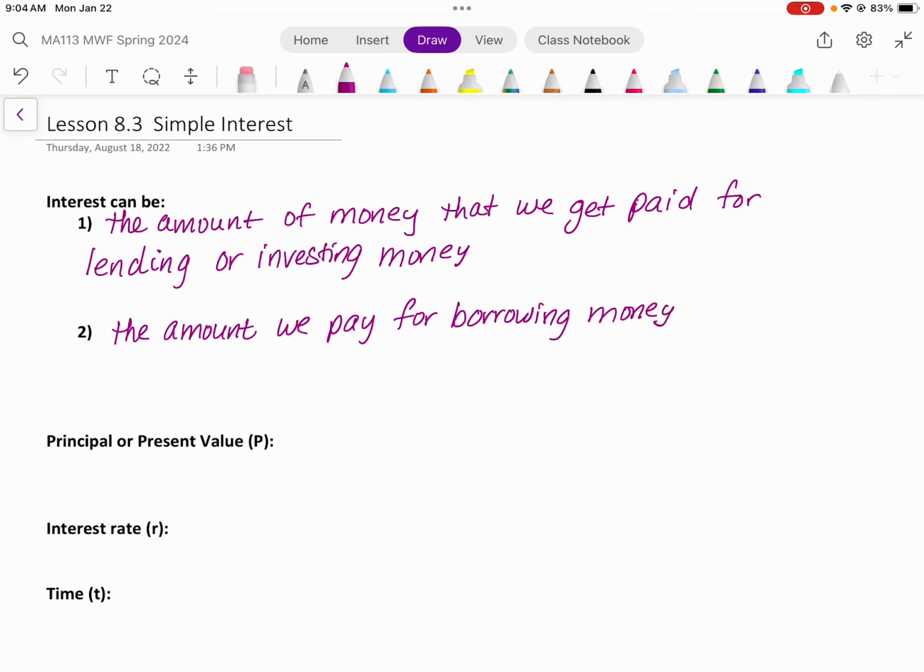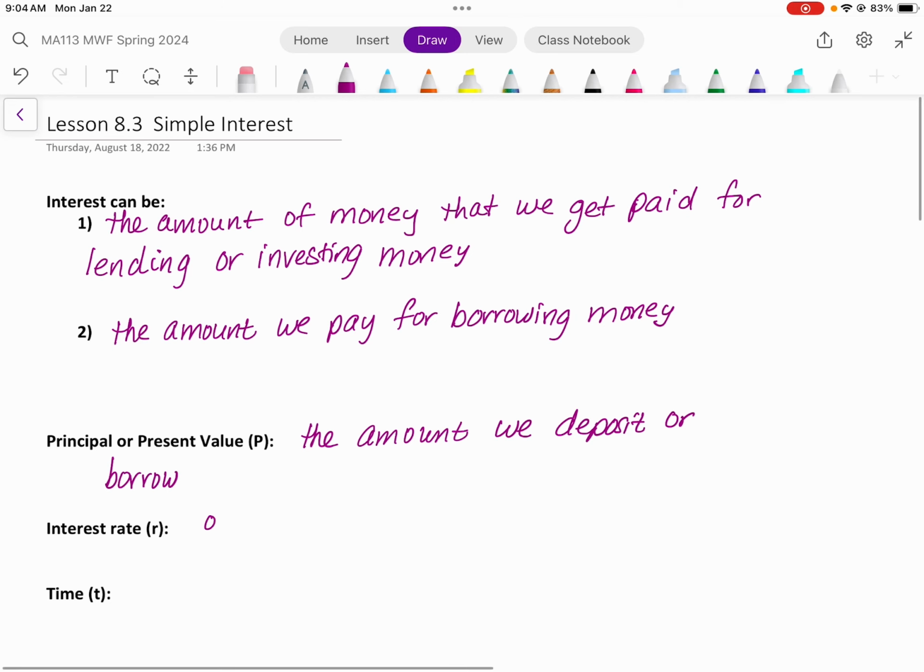Okay, first we're going to define the principal, and that's the amount of money we deposit or borrow. The interest rate will be a percent, but we're going to write it as a decimal.